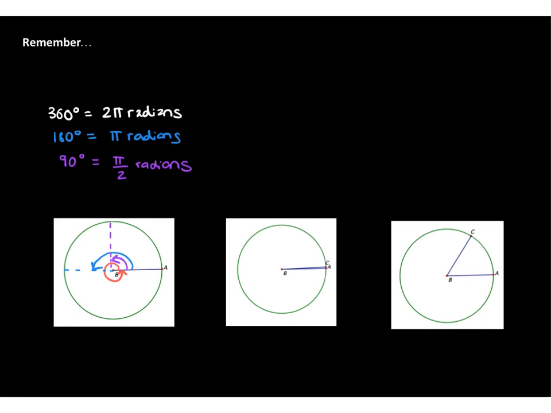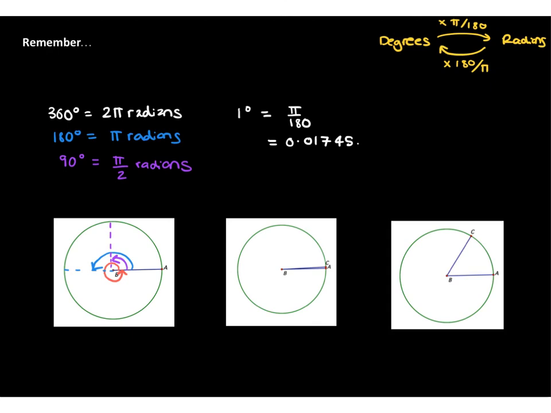Now, I think it's interesting for us to actually think about what 1 degree would be in terms of radians. So think about the calculation conversions that we looked at earlier on. Can you work out what 1 degree would be equal to in radians? So 1 degree is equal to pi by 180 radians, or if you actually work that out as a decimal, 0.01745 ... radians, and I'll use the C symbol there to make it really clear that we're working in radians.